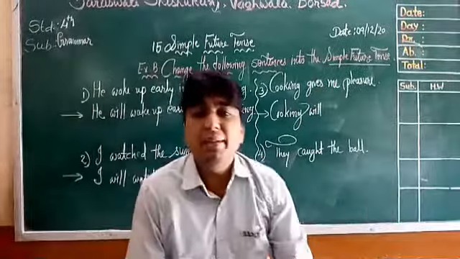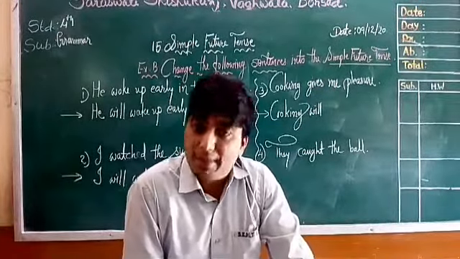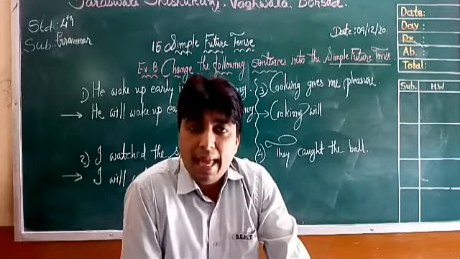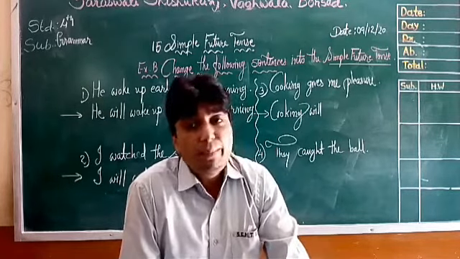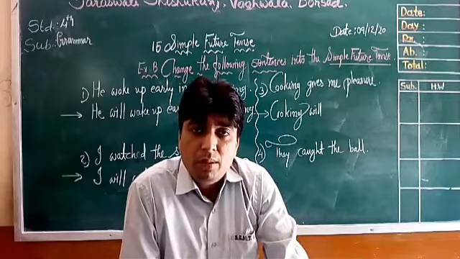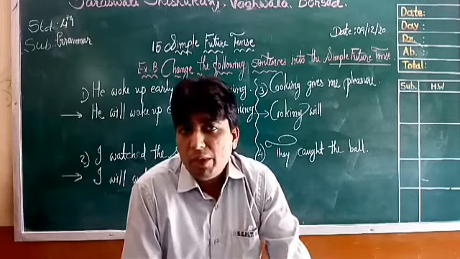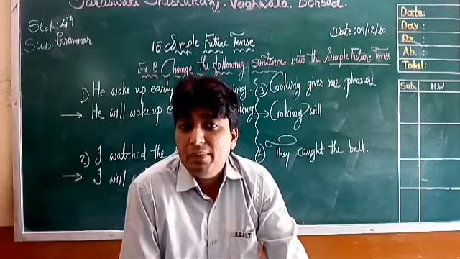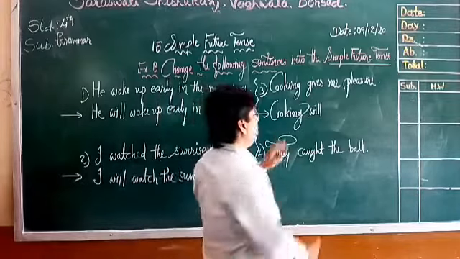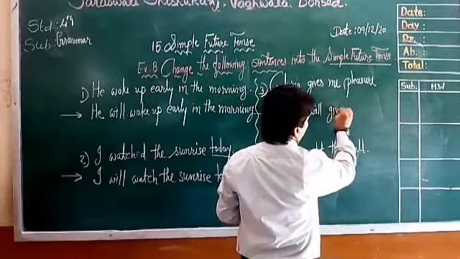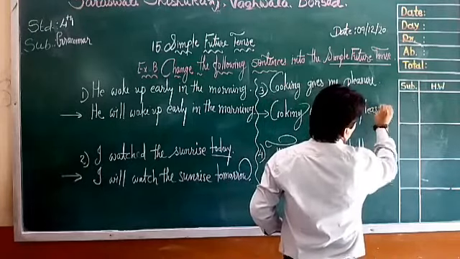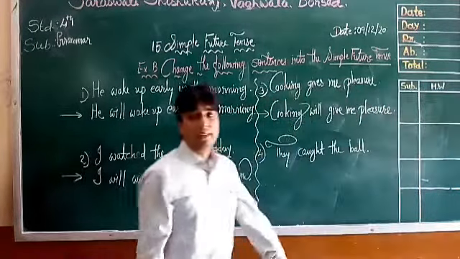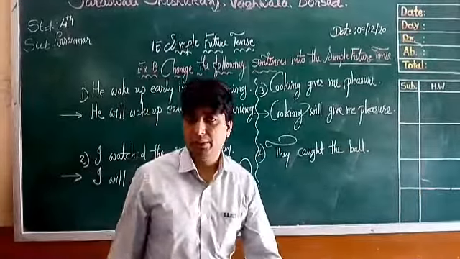There is no main form like gives. The s is additional. So what we need is the present form, the main form. If we remove s, what will be there? Give. So we will write give. Cooking will give me pleasure. Cooking will give me pleasure.